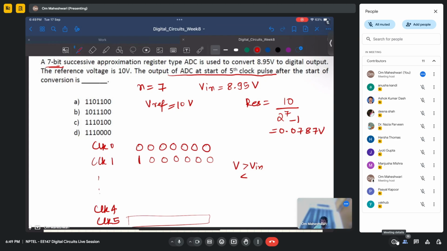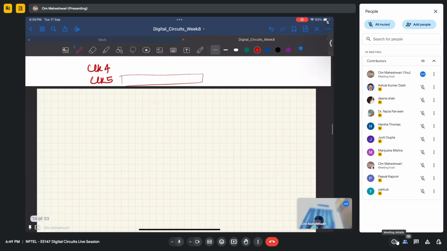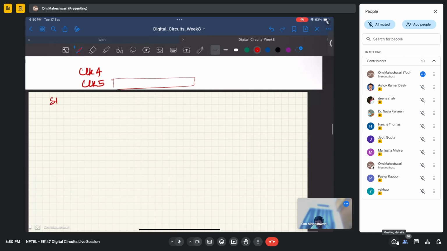Yeah, so let us solve this. You start with 0, 0, 0, 0, 0, 0, 0. Now in the first clock, change the first bit to 1.